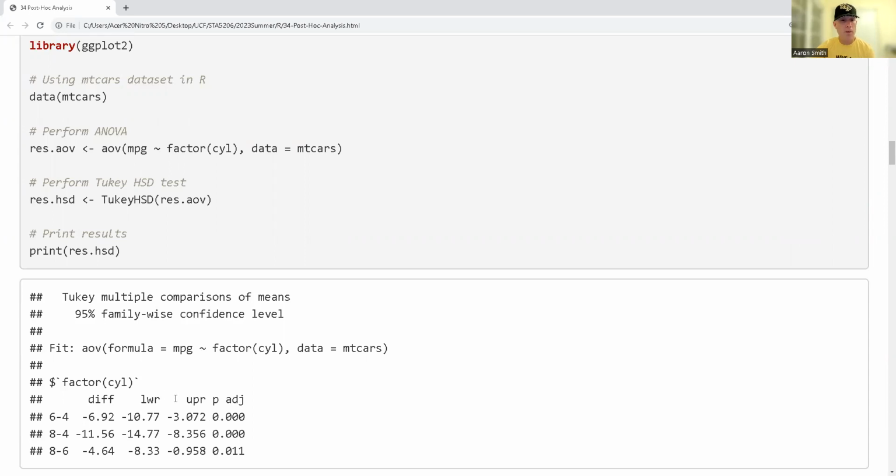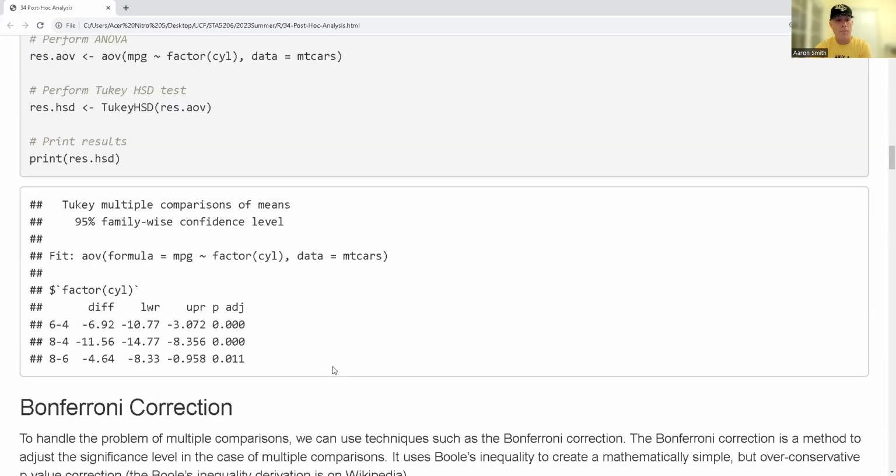What this function does for us is make the p-value adjustment automatically, so that I can reach a conclusion without having to worry about it. I just say, make the adjustment for me and run it. It adjusts the p-values for us automatically.